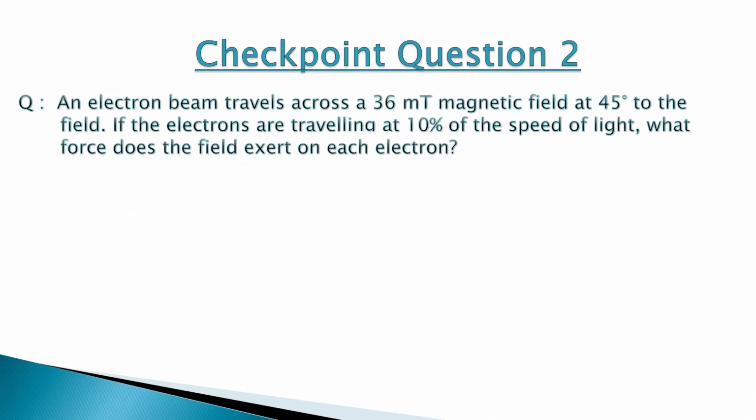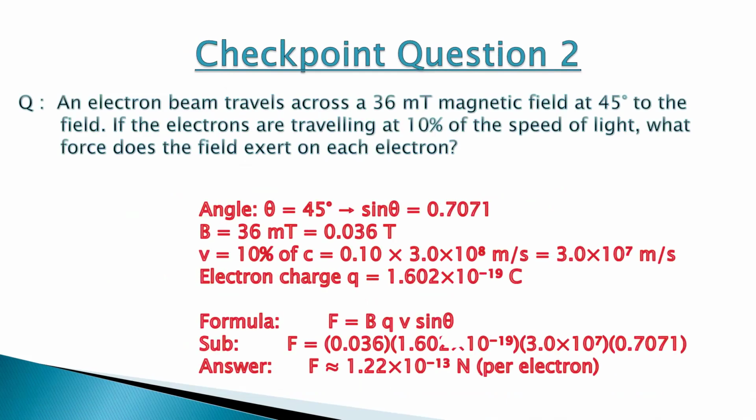An electron beam travels across a 36 millitesla magnetic field at 45 degrees to the field. If the electrons are traveling at 10% of the speed of light, what force does the field exert on each electron? This asks for the magnetic force on one electron. For a moving charge, the magnetic force is F equals BQV sine theta.